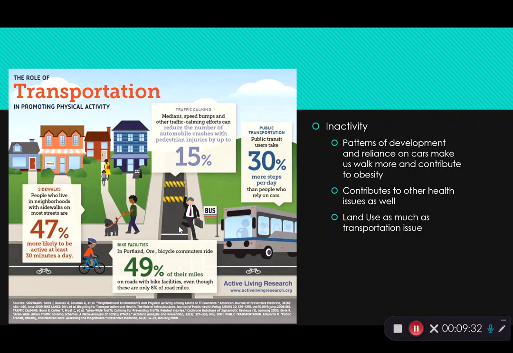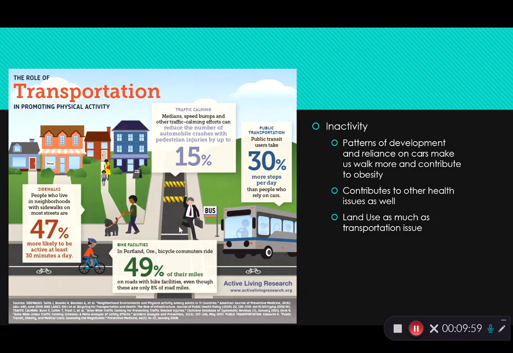A significant portion of the increased obesity rate is because our physical environment makes walking more difficult, less safe, less accessible, so people are more likely to drive just because they have to. So we get fatter.